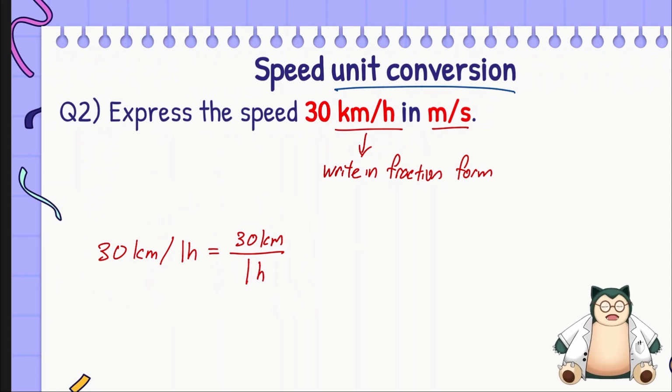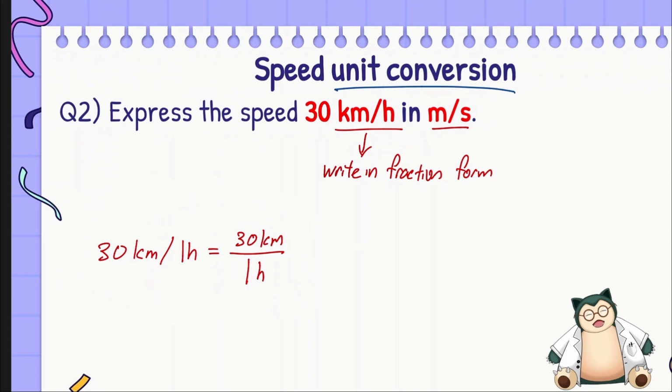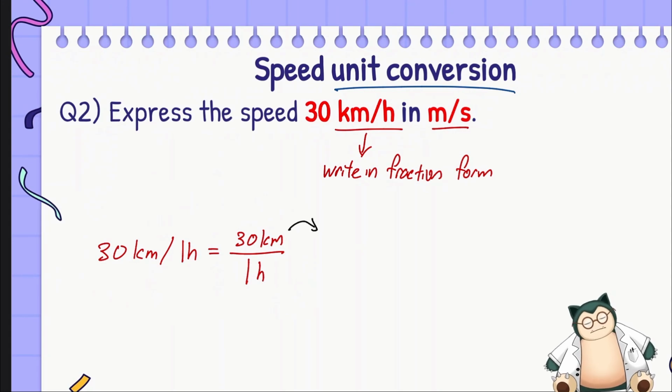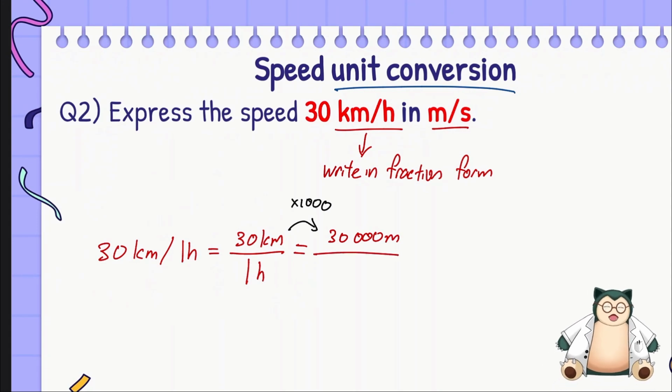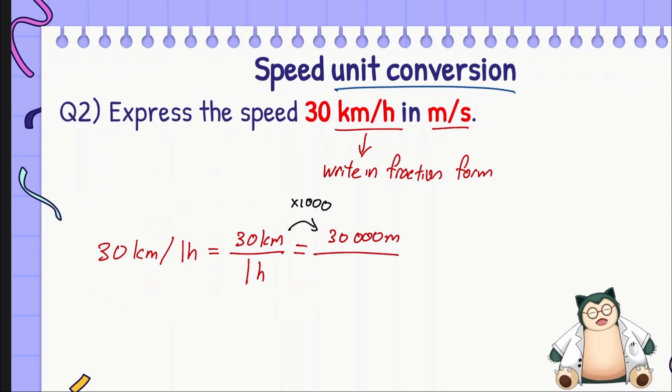Now, at this juncture, we just need to recall how we convert from kilometer to meter. We can do so by multiplying by 1000. Sorry, not 100 but 1000. And this will give us 30,000 meters. Next, from hour to minutes, what do we do? Yes, we multiply by 60.